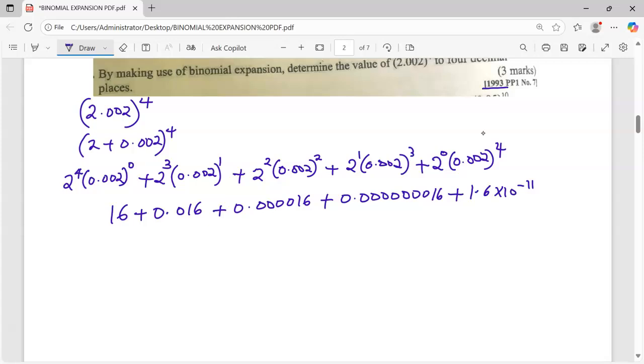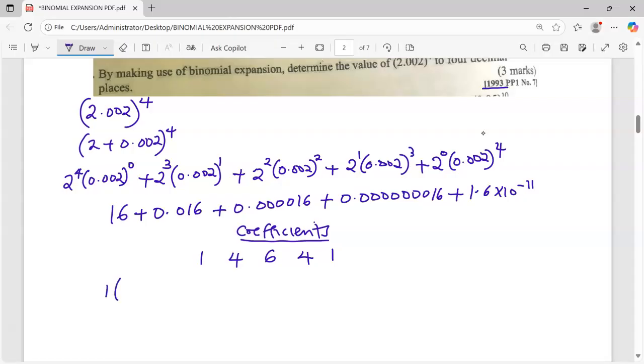Once we have simplified, then we now insert the coefficients. From the binomial expansion table, the coefficients of power 4 will be 1, 4, 6, 4 and 1. We are going to multiply this back into the equation.